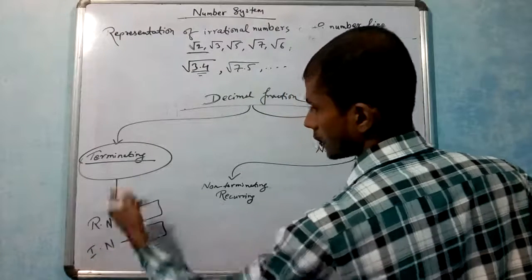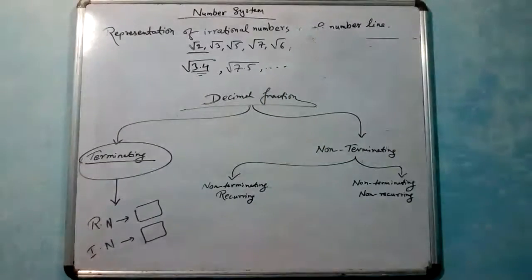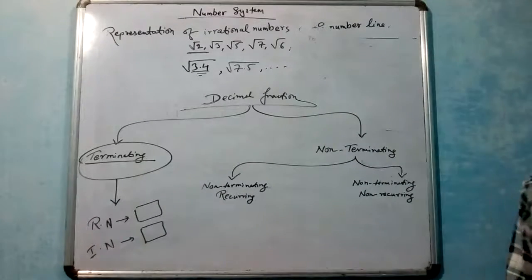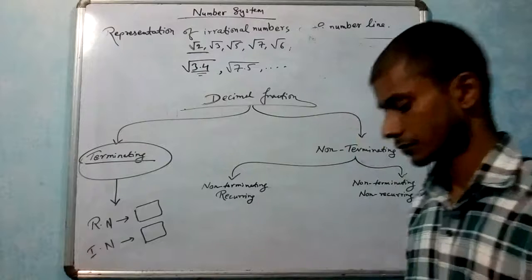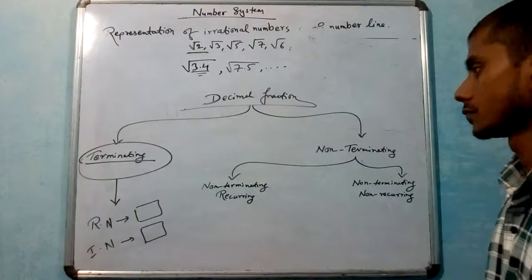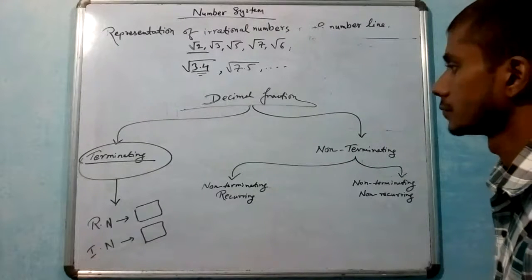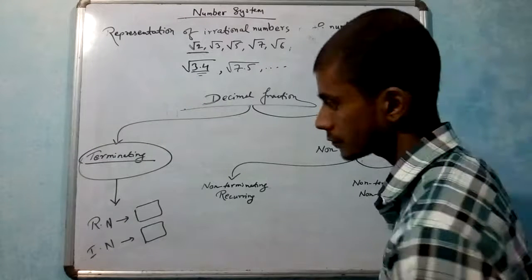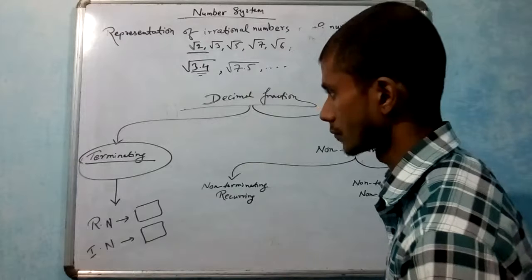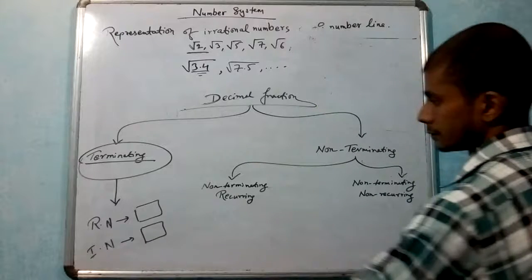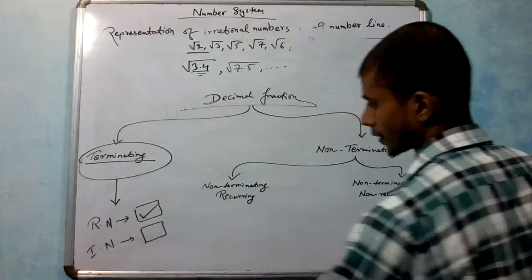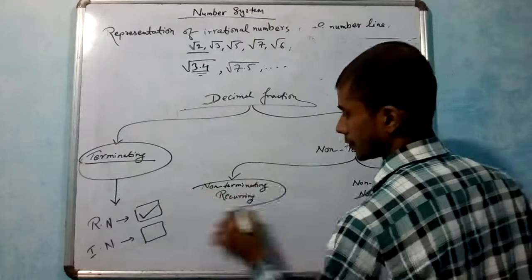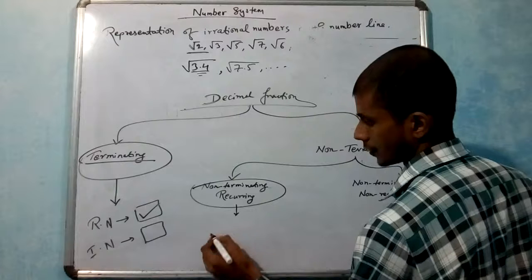All the terminating decimal fractions are rational or irrational? You are taking time, man. Rational. Then come to non-terminating, recurring.